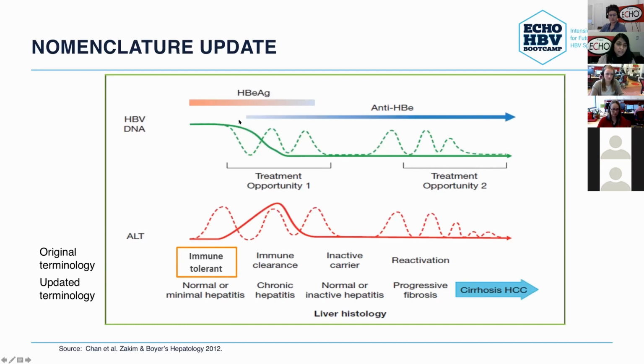The other thing I'll say as we're discussing these various phases, if you will, is that oftentimes we don't have everybody who fits very clearly into a box, although for a lot of patients you'll see a similar pattern over time, particularly as you're following a patient over time. And then this immune tolerant or normal minimal hepatitis phase is typically followed by another phase over time. And again, that time is variable.